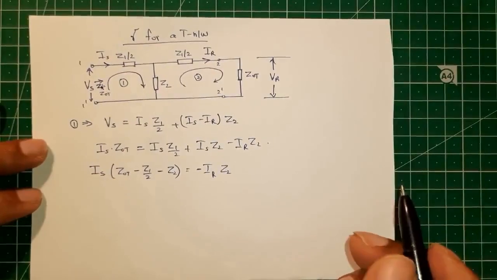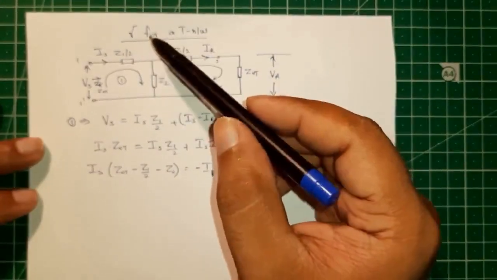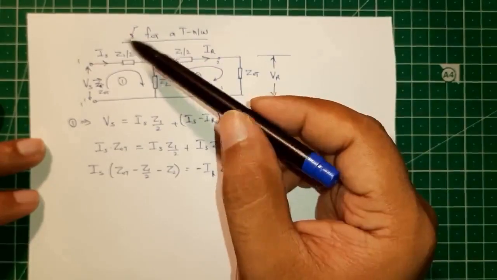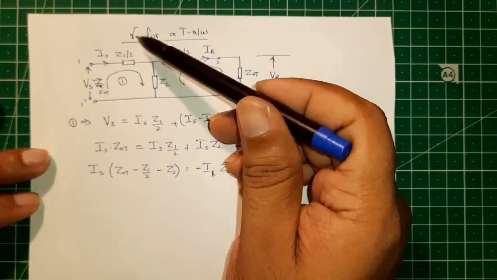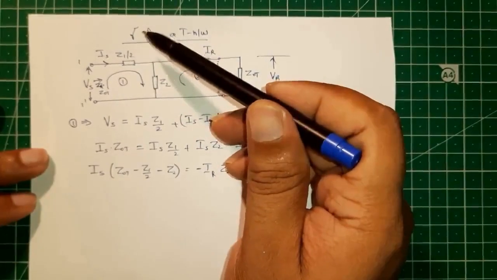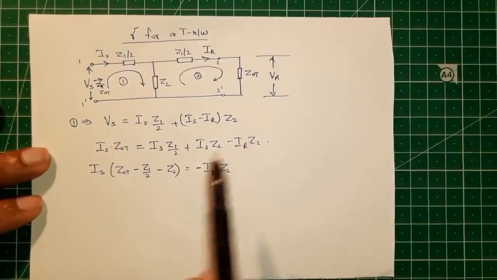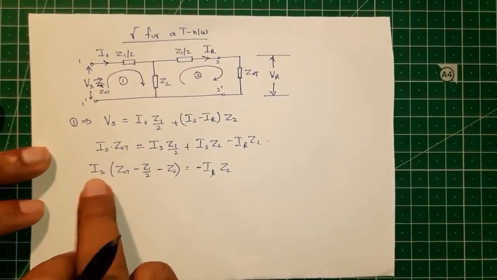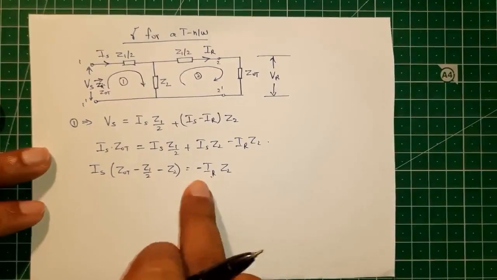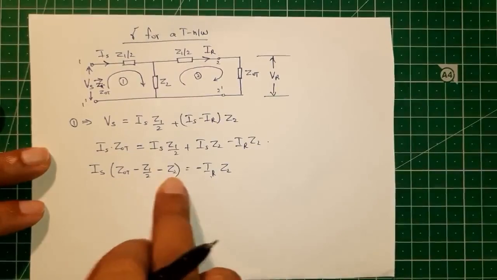So we know that in lecture 2 we have defined the propagation constant as a relationship e raised to gamma is equal to Is upon IR. That is the ratio of sending end current to the receiving end current. So we need this ratio Is by IR. We will bring this Is below IR. We will absorb this minus sign within this bracket.